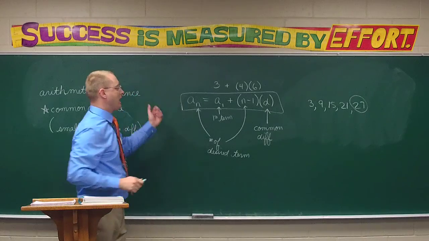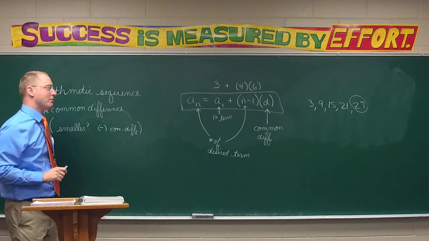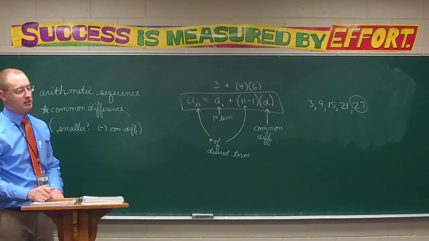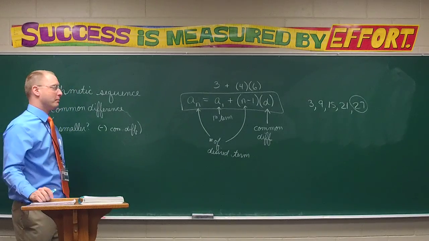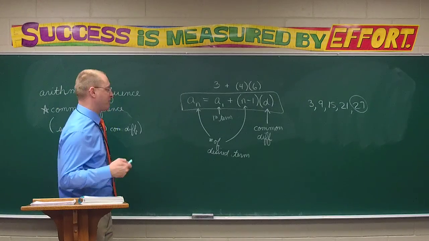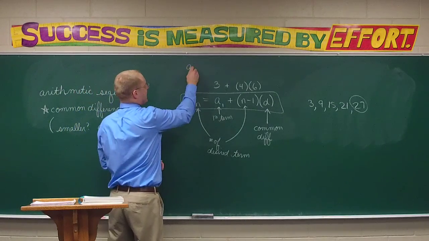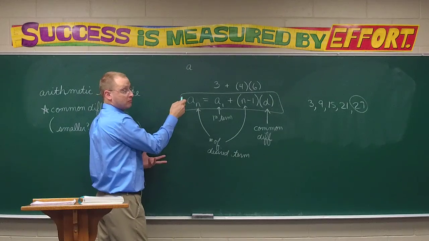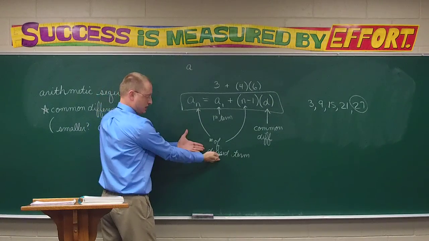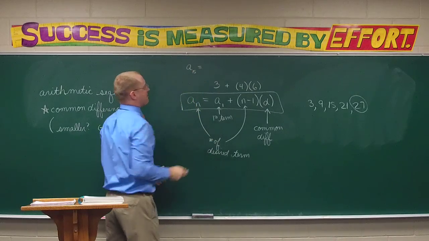Say it with me, class. A sub n equals a sub 1 plus n minus 1 times d. And it wants us to find the 15th term. So we're finding a sub 15, the number of the desired term, is going to be a sub 1.